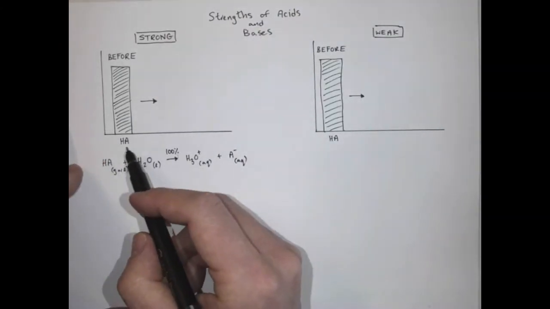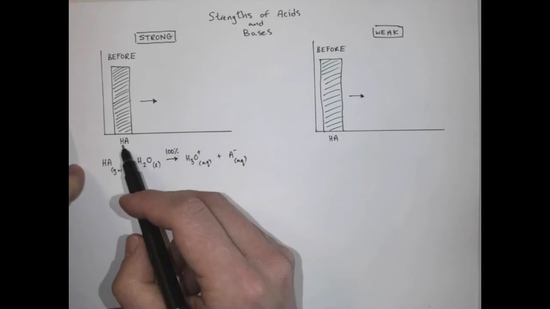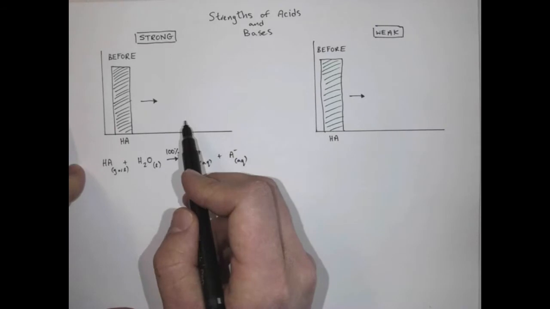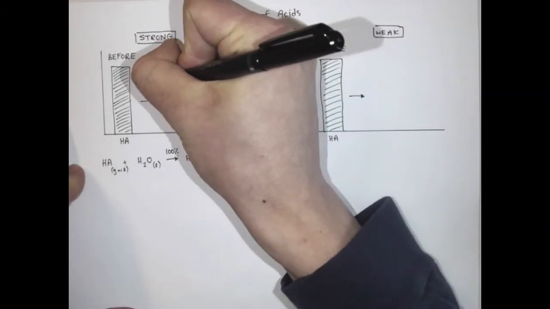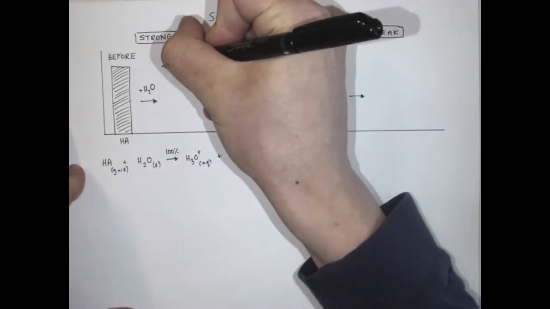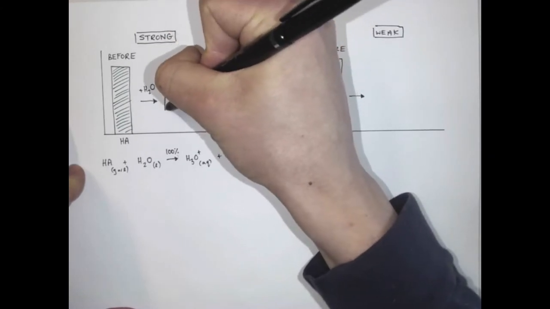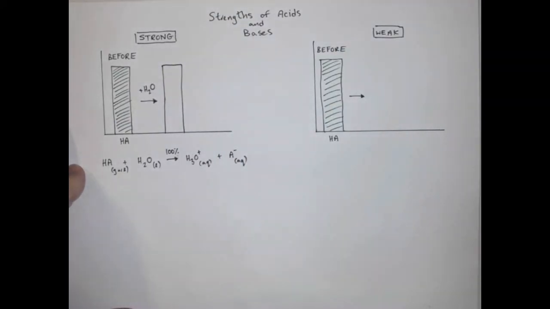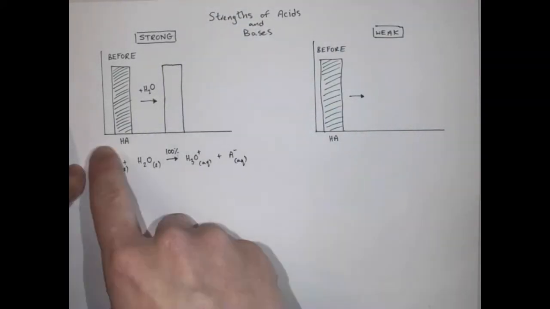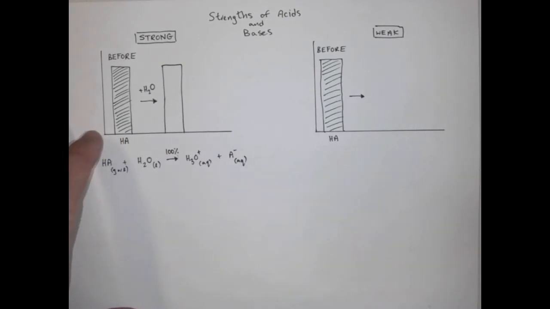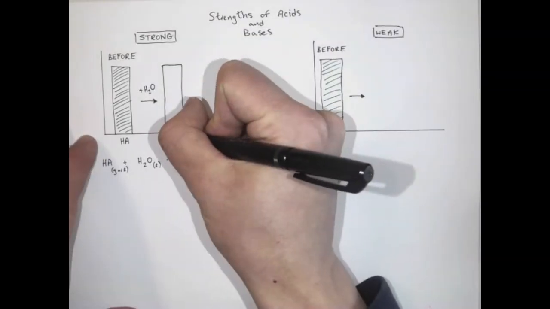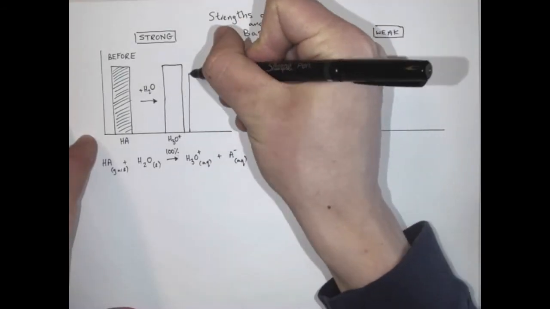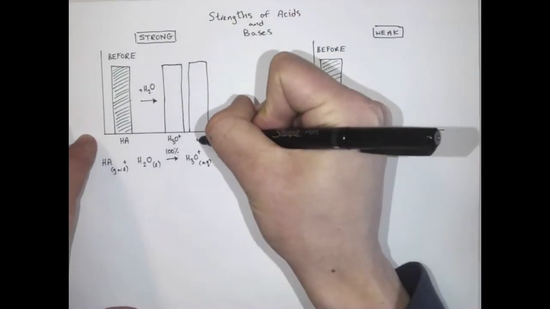So let's say before I put it in water, all the molecules are in this particular form, HA. Once I add water, almost 100% of these HA molecules now turn into hydronium and the anion.